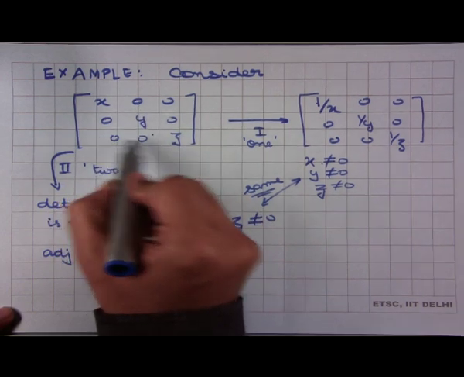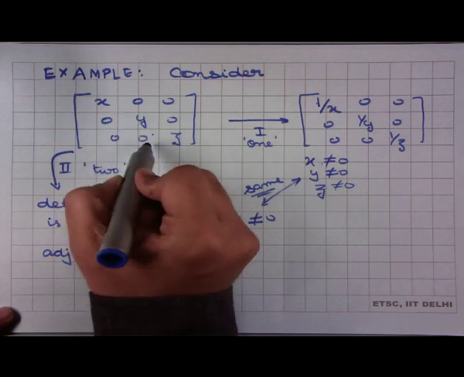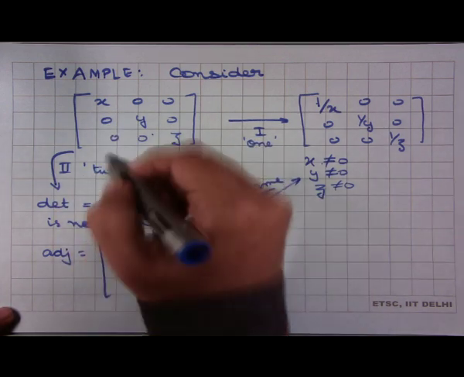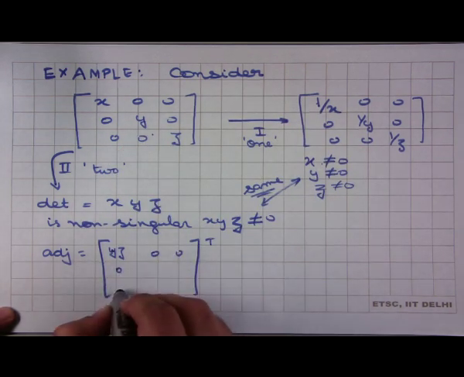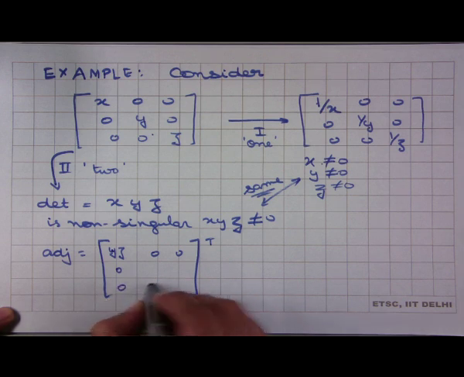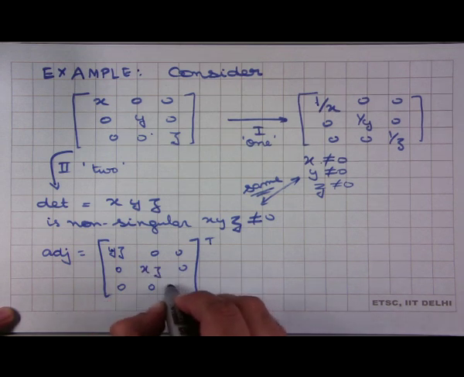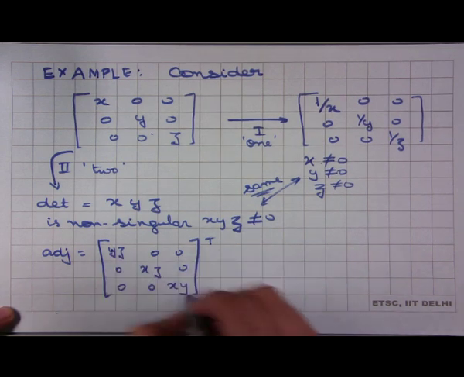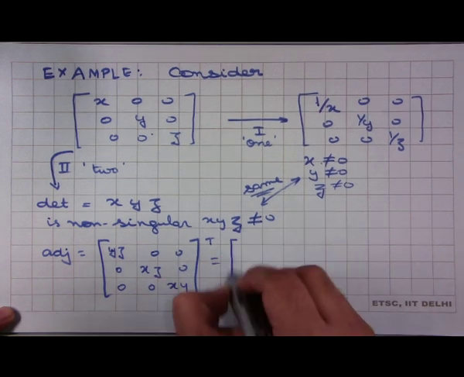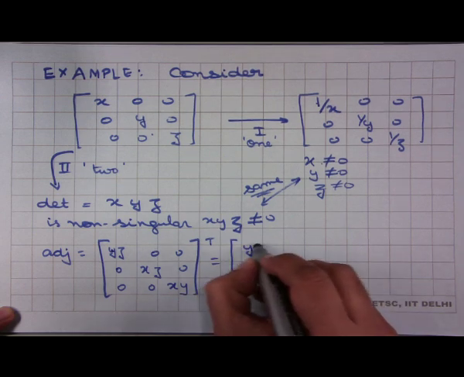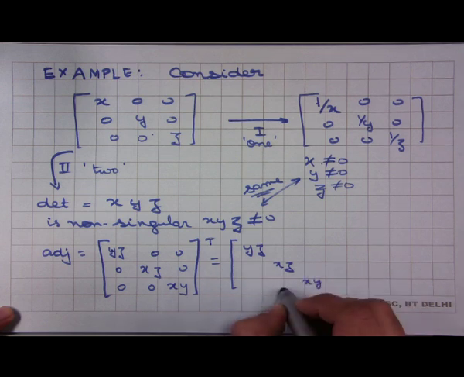One is that one row is 0, second is the upper triangular matrix with the diagonal elements 0. There are many ways, or you can also directly calculate the determinant. In fact, if you look at all the calculations, you see that all these terms will be 0. This will be x times z, and this will be x times y. It is a diagonal matrix, so the transpose is equal to itself.